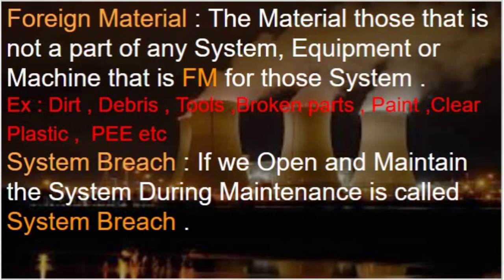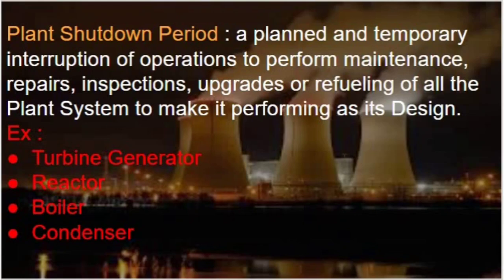And what is called the plant shutdown period? Suppose you have just stopped your plant. For what purpose do we stop the plant? There is some inspection, repair, upgrade, refueling, or performance check. Why are these things important?